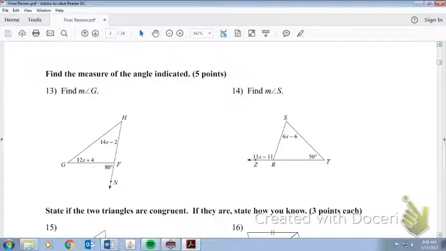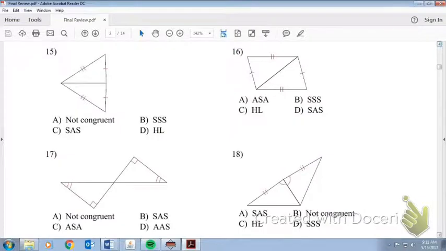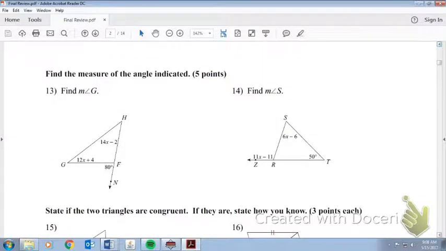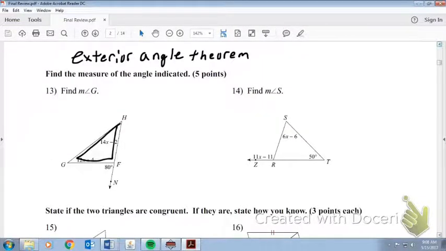So here we need to find the measure of the angle indicated. We're looking for angle G, that's 12x plus 4. Both of these require the use of what is called the exterior angle theorem. What that says is that the interior angles of all triangles add up to 180.